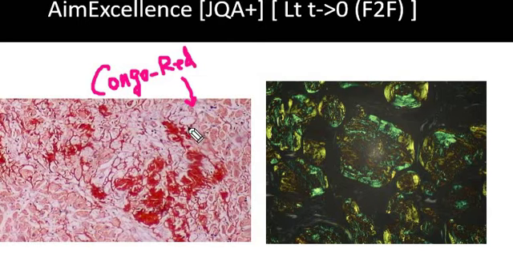This is the reddish pinkish appearance, and under polarized light it gives apple green birefringence. Right now pictorial questions are very common, so this can be your future question also.